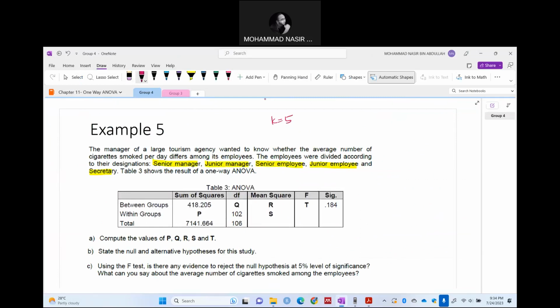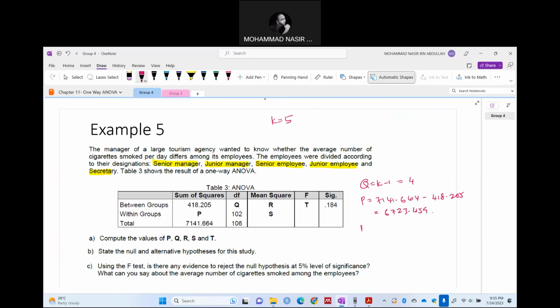To complete this value, Q should be equal to K minus 1, which is 4, right? And then from here, we can find the value of P. So P is 7141.664 minus 418.205, so 6723.459.